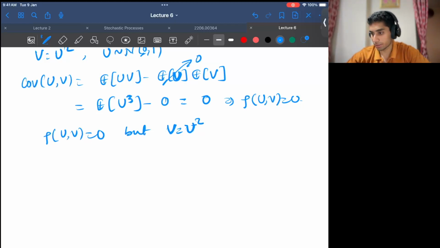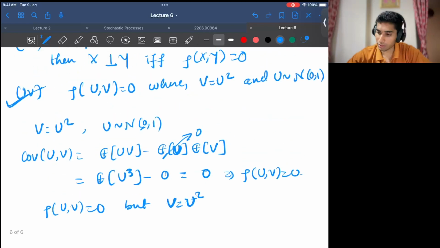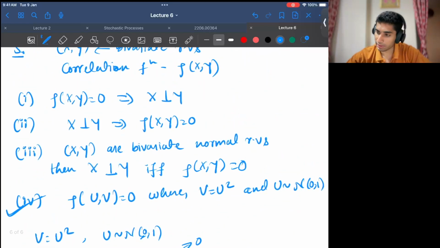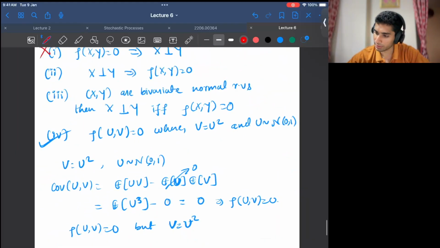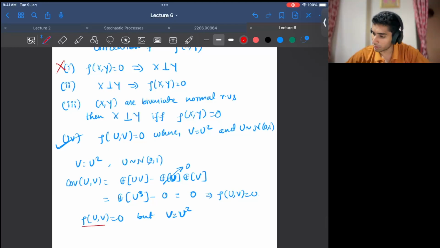Clearly they are not independent, because the value of v depends on the value of u. So this actually tells us that the first statement is wrong, because here we see an example where the correlation is 0, but they are not independent.